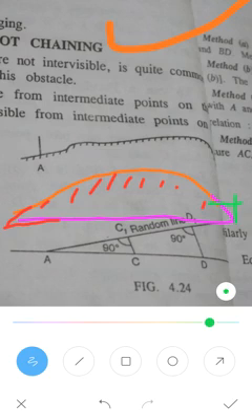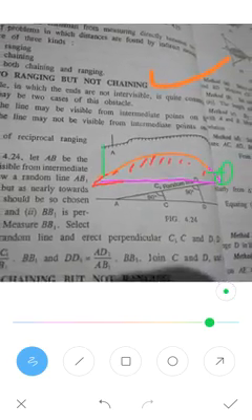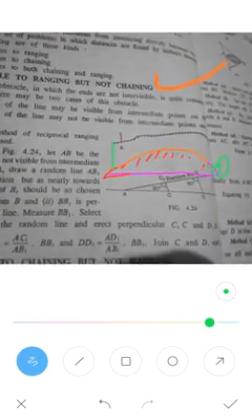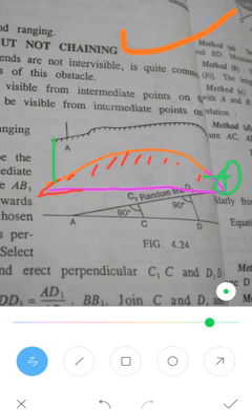You can keep another ranging rod here. You can put a tape from here to here and measure from here to here, so there is no problem for chainage.